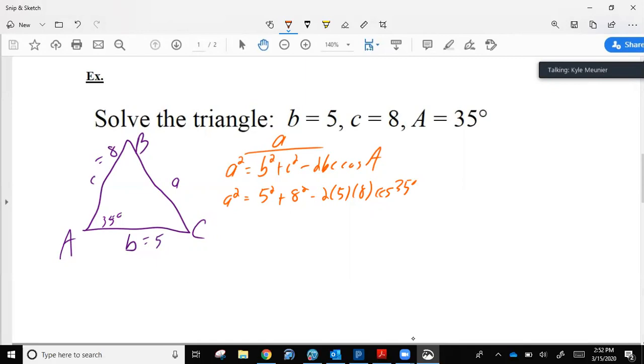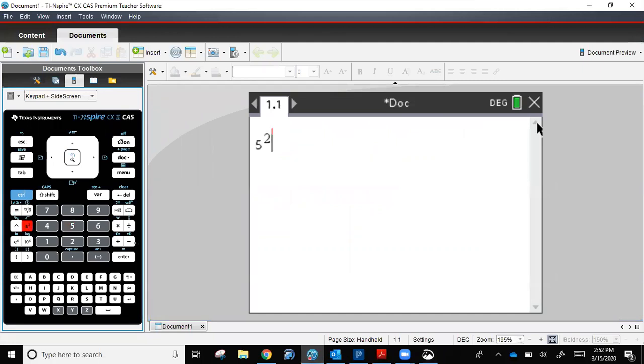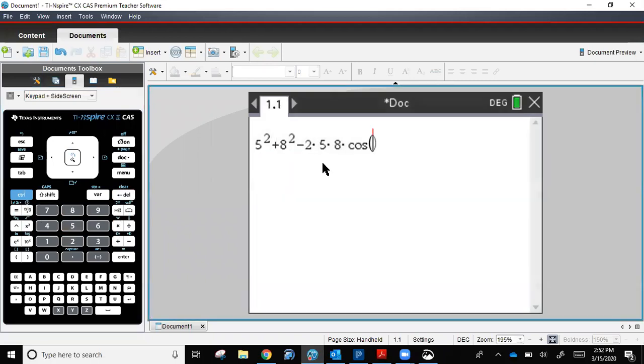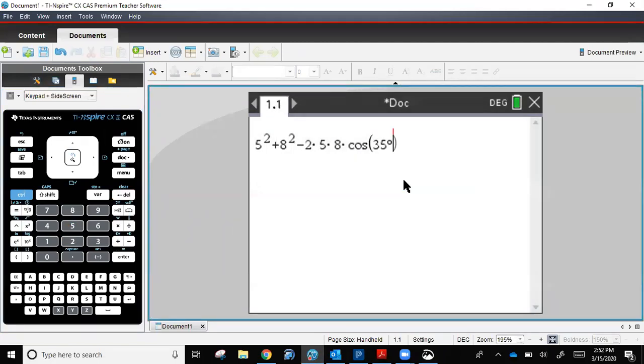And I can plug this in my calculator. I can go 5 squared plus 8 squared minus 2 times 5 times 8 times the cosine of 35 degrees.